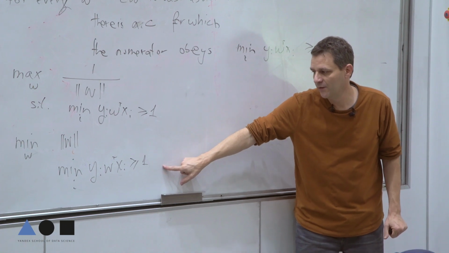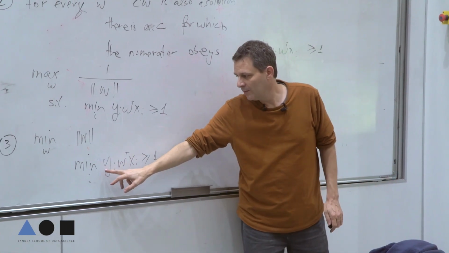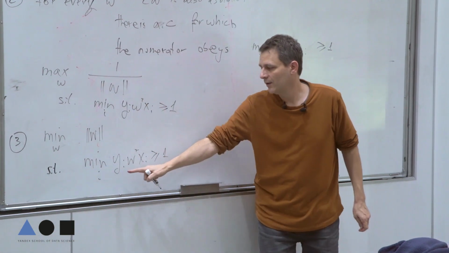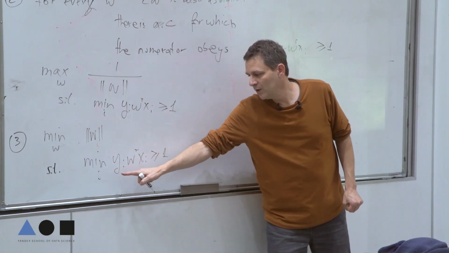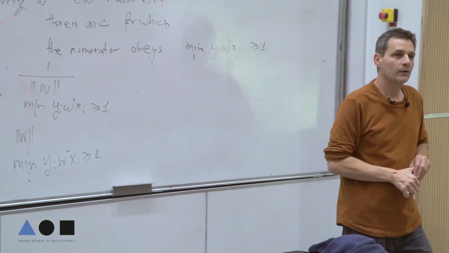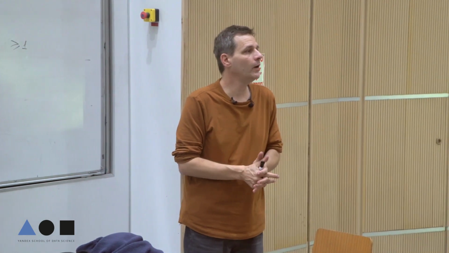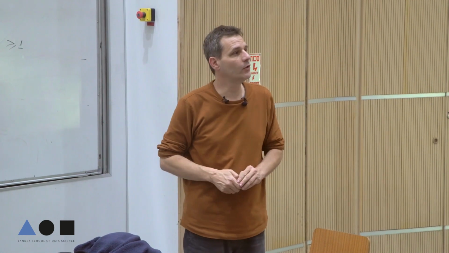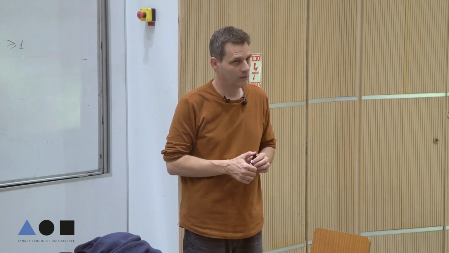Now the next step is the following. Look, I'm looking at solutions that obey that the minimum over this is larger than 1. Now this is equivalent to asking that all samples obey that they are larger than 1. OK?